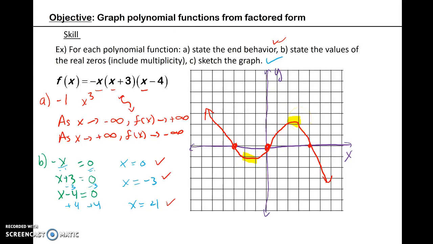In this case, without that given information, we don't know. So you can just make your best guess, and just remember to try to make your graph smooth and curved. Okay. All right. Thus, we have accomplished our objective of graphing polynomial functions from factored form.